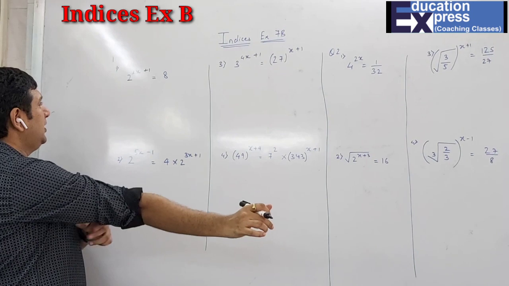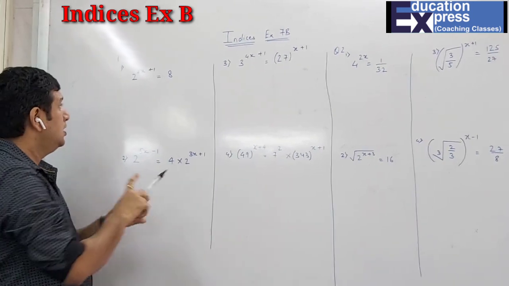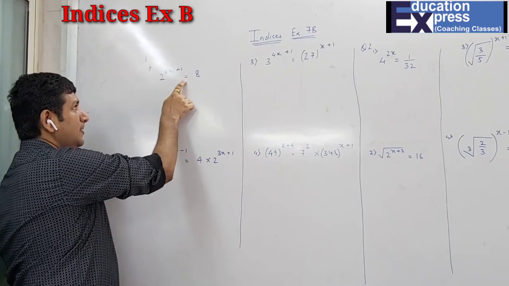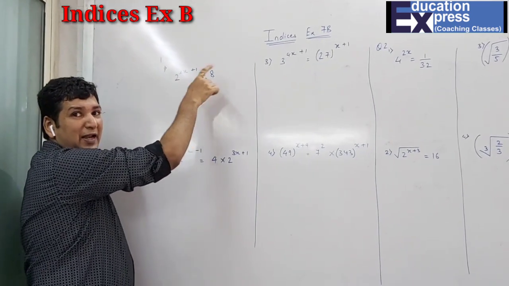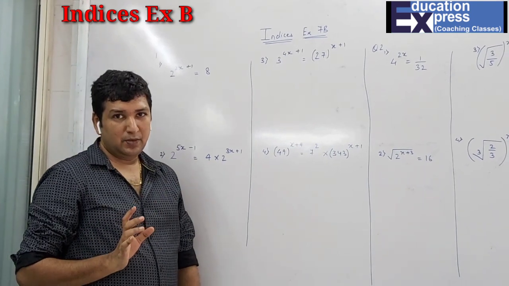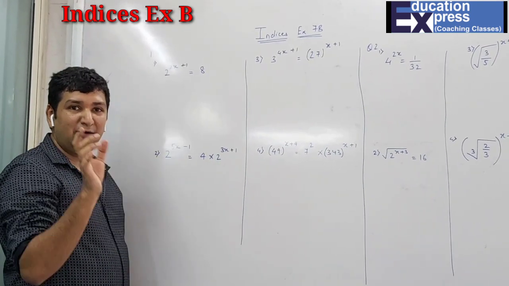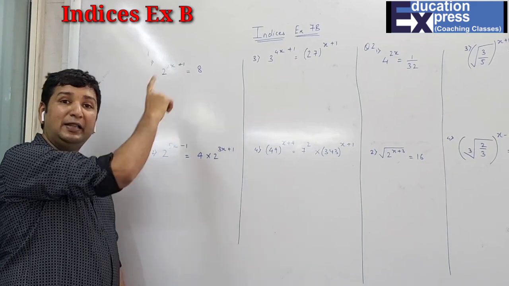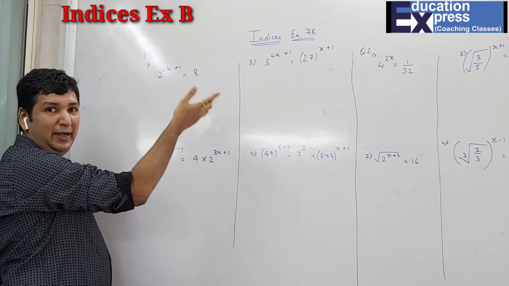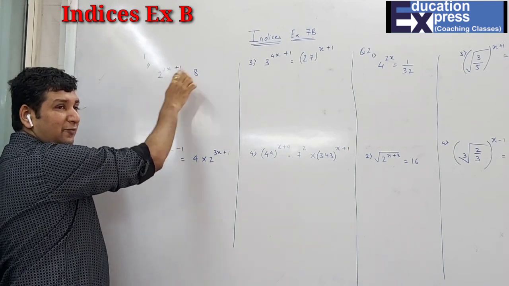Here you can see, students, that we have two terms, one on the LHS side and one on the RHS side. Whenever you have two terms in a given sum, you just have to take those two terms on either side of the equal to sign. Here already one term is on this side and one term is on this side.